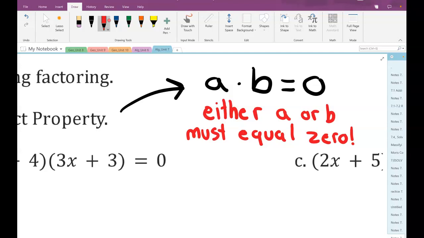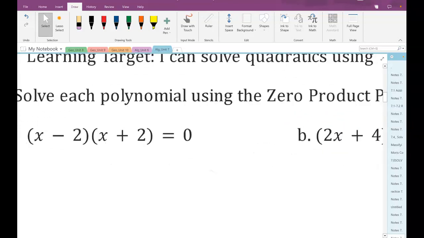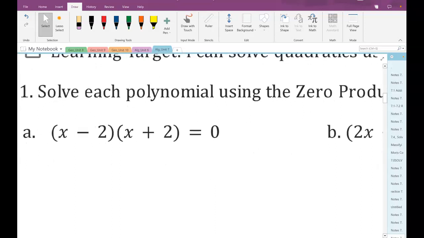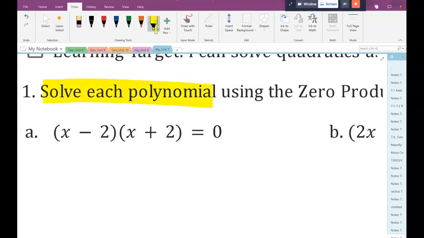So you practiced this before we went on spring break. I would have given you something like example A, where we have these 2 binomials being multiplied together, x minus 2 times x plus 2, and we would say solve each polynomial. Since these 2 things are being multiplied together and it's equal to 0, one of them has to be 0.